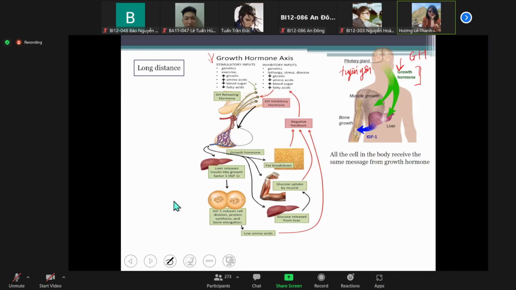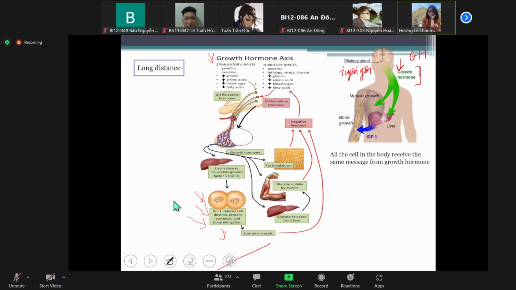They also use the fatty acids to build some structures inside your body, so the fatty acids are quite low, like here. They come to the liver, which secretes insulin-like growth factors, and these stimulate cell division, protein synthesis, and bone elongation, so they make you grow, right?